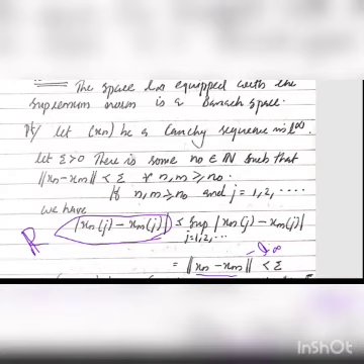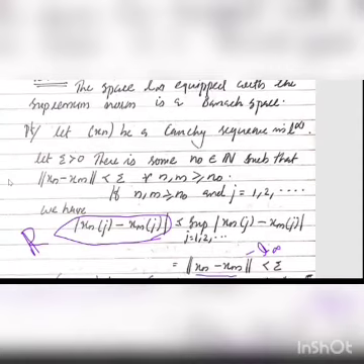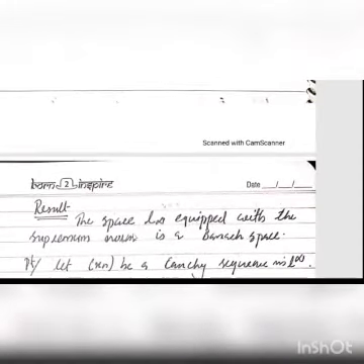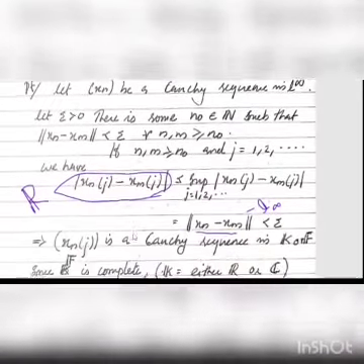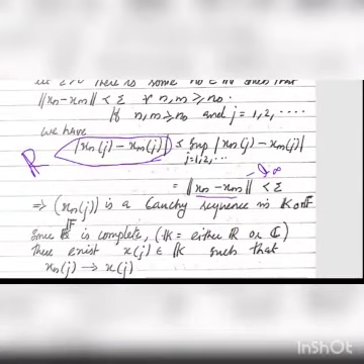You have taken a sequence in L infinity, and we have proved that the corresponding sequence is Cauchy. That is, if xn is there, we will have xn of 1, xn of 2, xn of 3, like that, and that converges to xn.